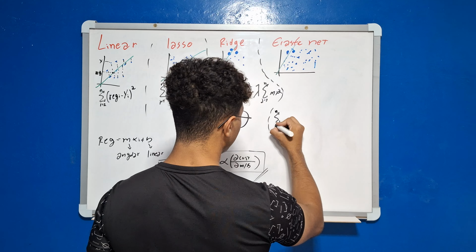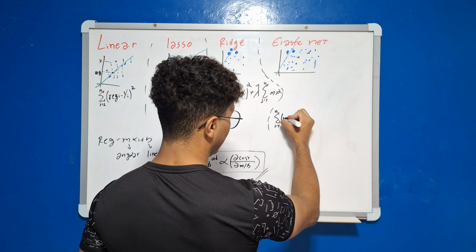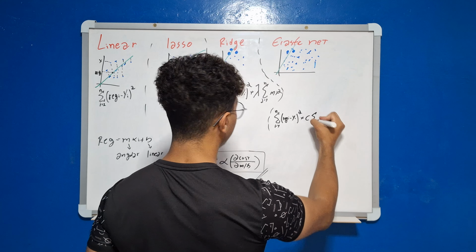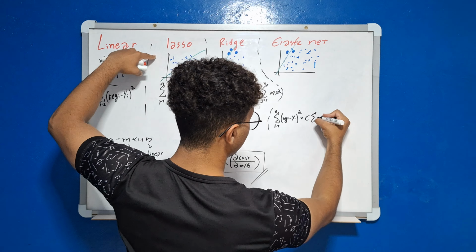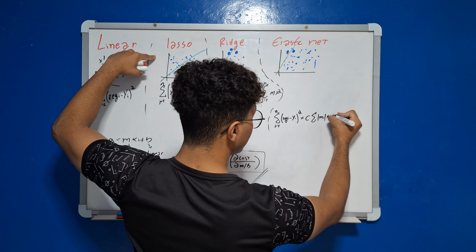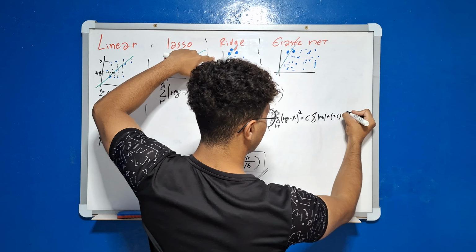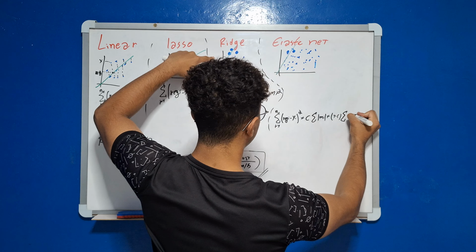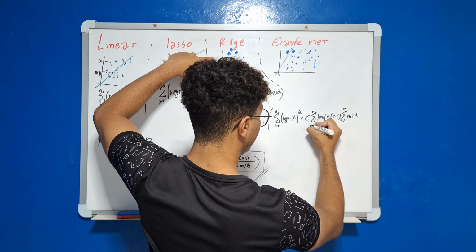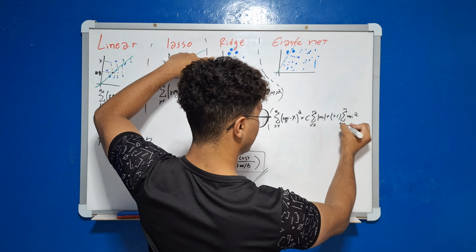We have the cost function here, prediction minus yi, plus the lasso with the modulus, plus the ridge quadratic, with different indices here, J and K.